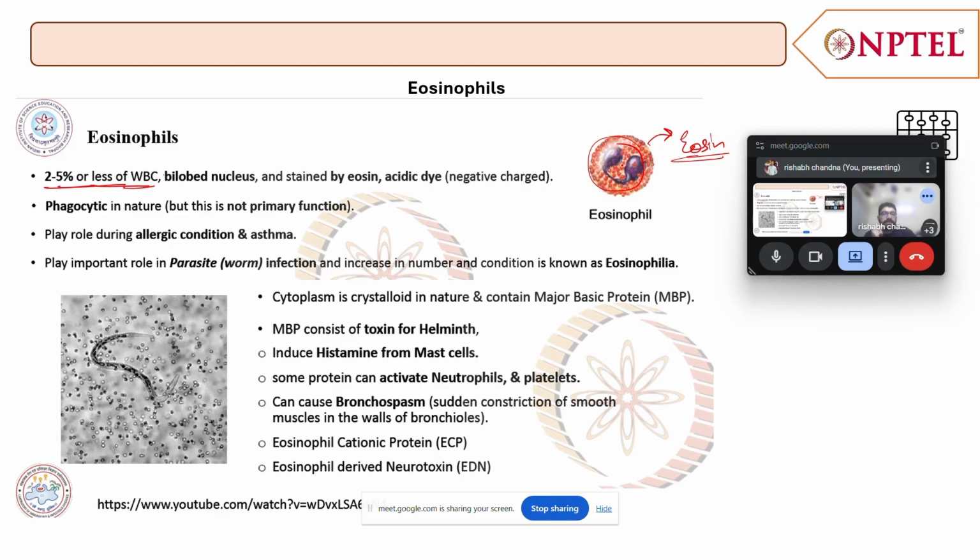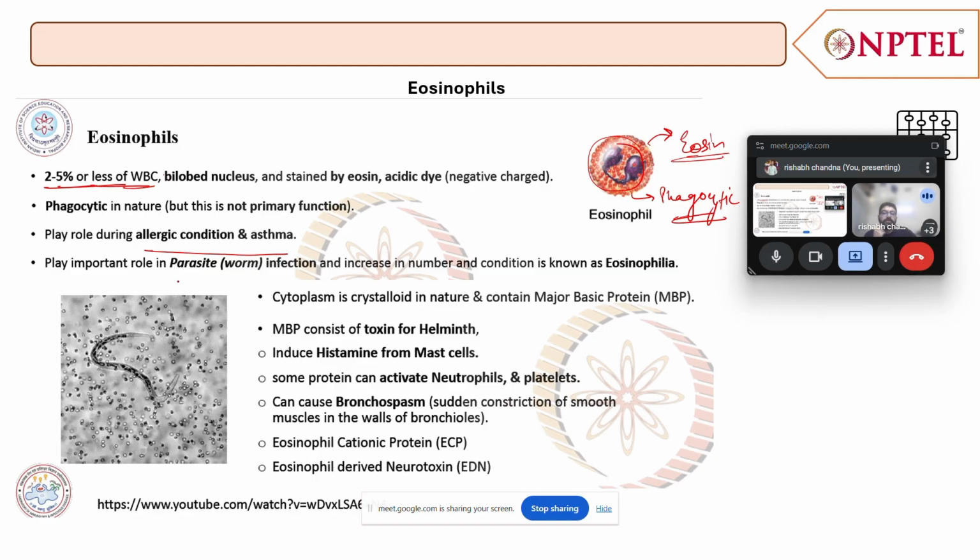Its primary function is that it is phagocytic. That means it can engulf the parasites. It has a major role during allergic conditions and asthma.